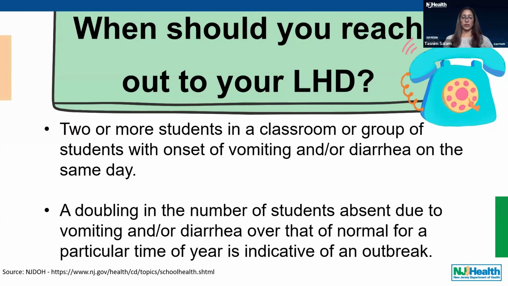You should also reach out to them when there are twice the usual number of absences due to vomiting and/or diarrhea. It is important to remember that outbreaks are not one size fits all. So when you notice a change from your average day at your childcare center or school, it is important to communicate these changes with your local health department.